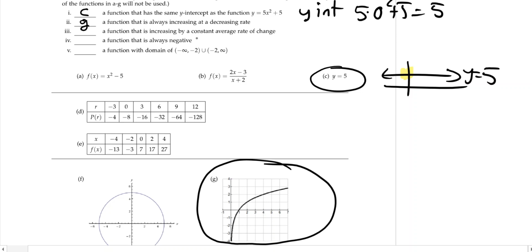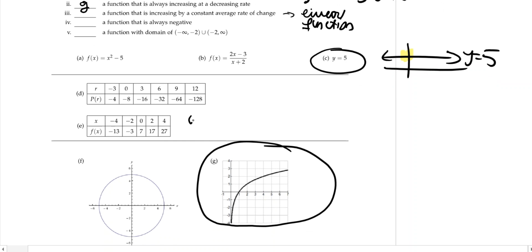A function that is increasing by a constant average rate of change. This means a linear function. So you have to identify which one is a linear function. So maybe this one, y equals mx plus b, but the y-intercept is 7.